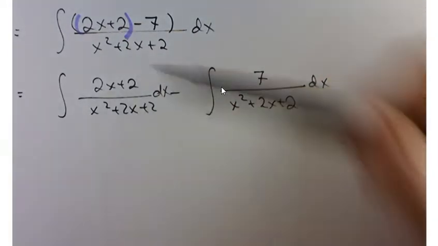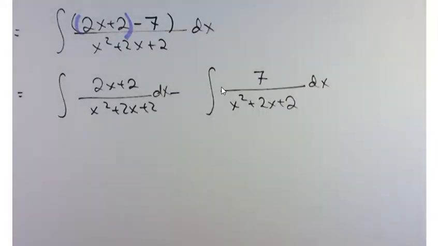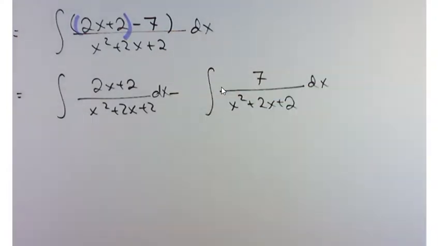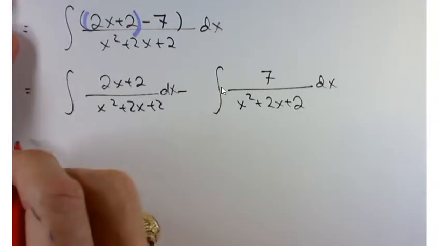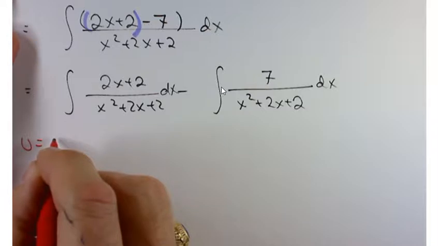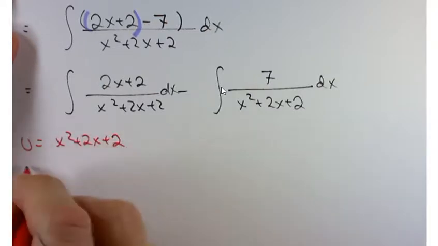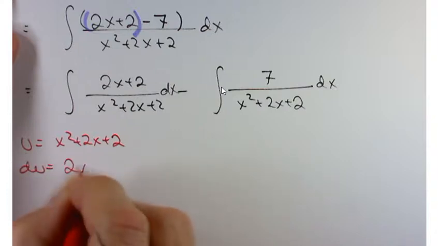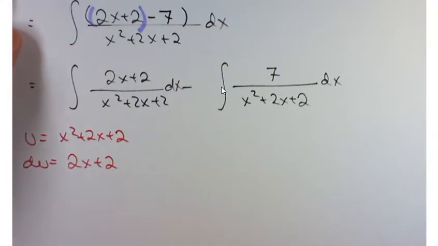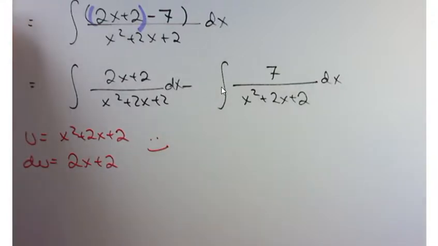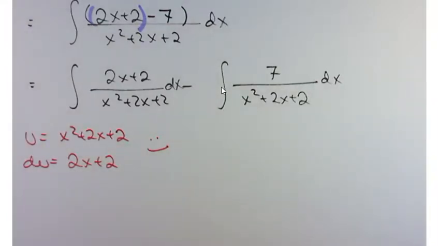This one we're in good shape. This is just a u substitution. If you let u equal x squared plus 2x plus 2, du is 2x plus 2. Yay, that's good. That one's going to work out pretty nice.